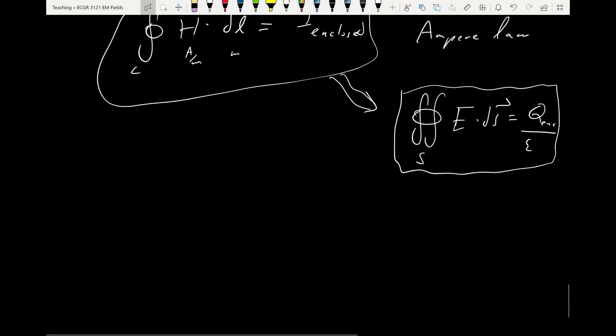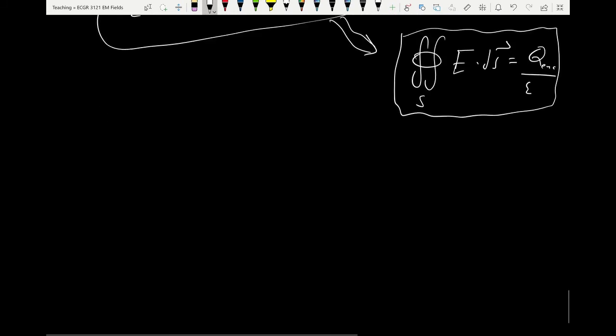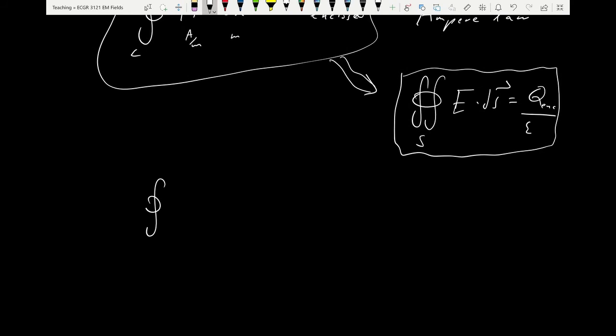Okay. By the way, this is the integral form of Ampere's law. This suggests that there is a point form of Ampere's law. What is the point form tied with circulation? So the integral of H dl equals I enclosed.